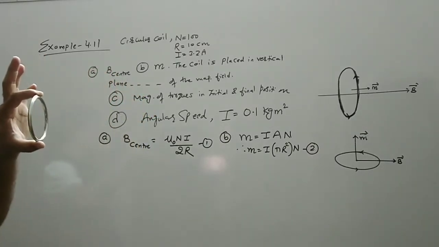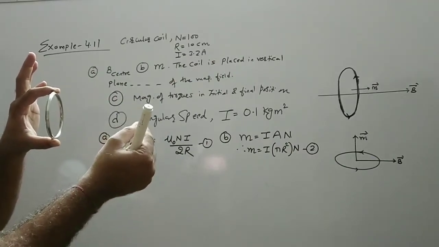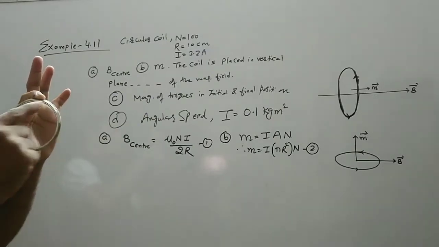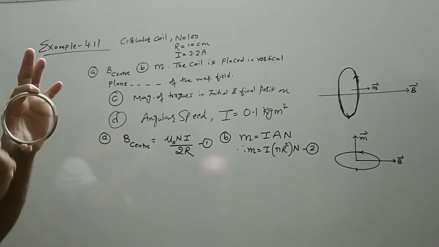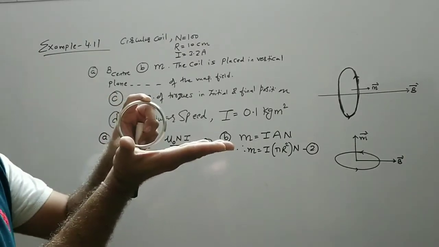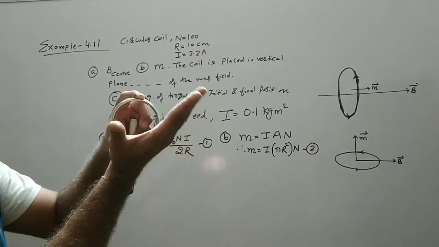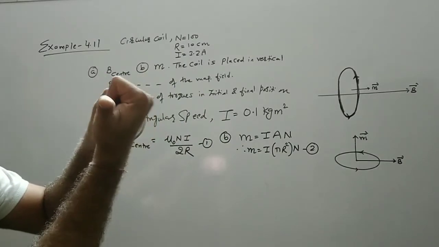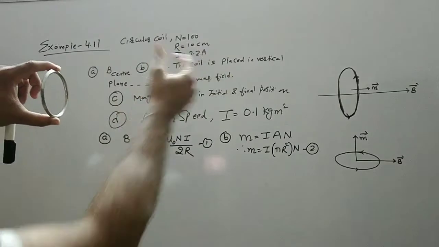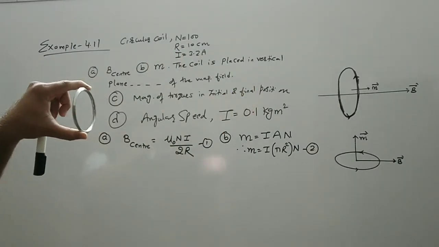We kept a coil like this and we found the magnetic field intensity at X. The current is assumed to be anti-clockwise. Now if the current is anti-clockwise, I curl my fingers in the direction of the current, so the thumb is coming out. Now the coil is kept like this, so this is the direction of the magnetic moment.